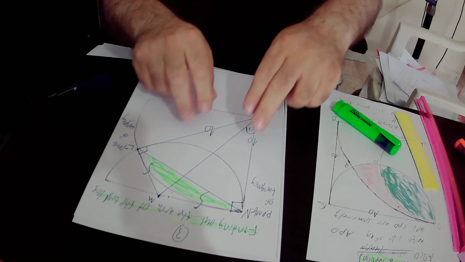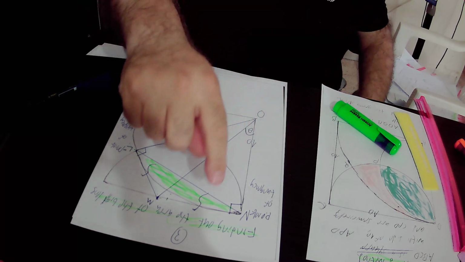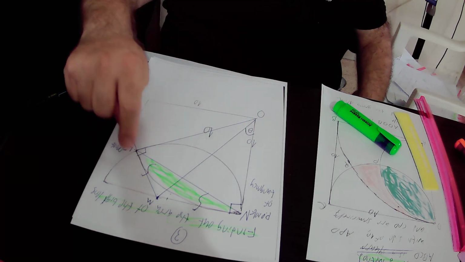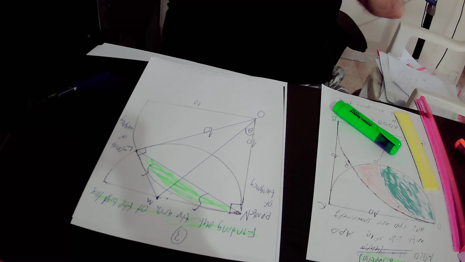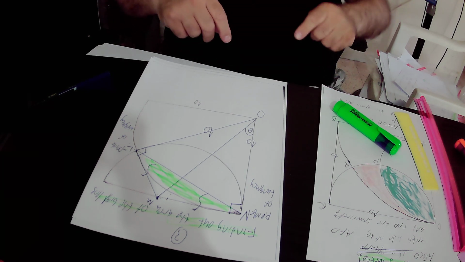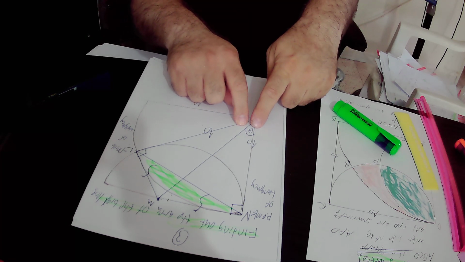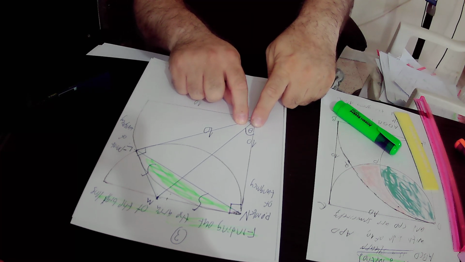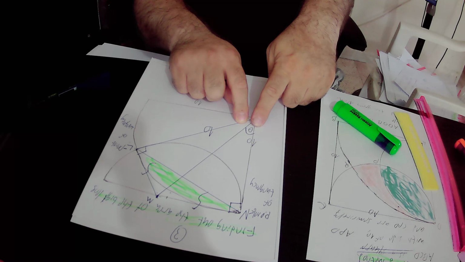So we found that those two triangles, triangle ONM and triangle OLM, are congruent according to the side rule. From the fact that the two triangles are congruent, we conclude that those two angles are equal to each other, according to the rule that corresponding angles in congruent triangles are equal.